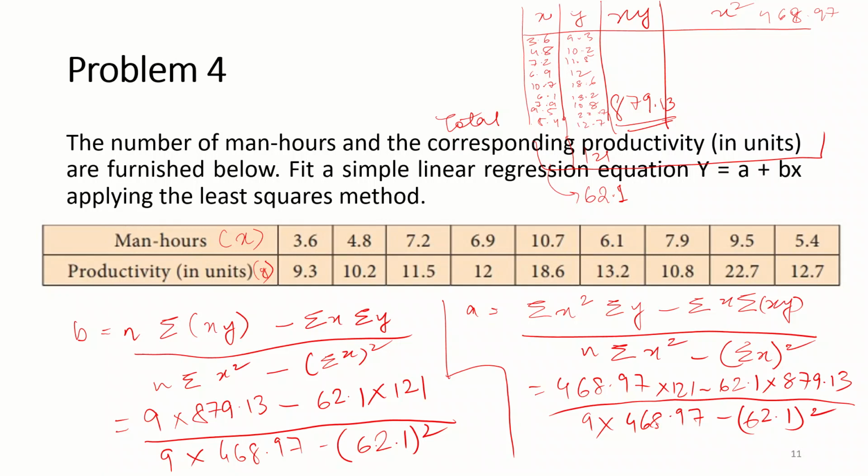You want to tell anything? B is coming 5.155, is it?